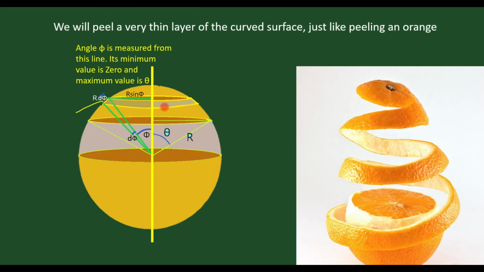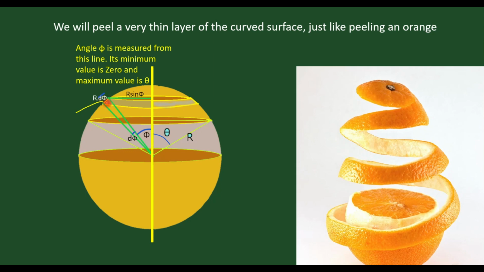This is an element. It is in the form of a round belt, and we will define this belt as an element whose radius subtends an angle phi at the center of the sphere.